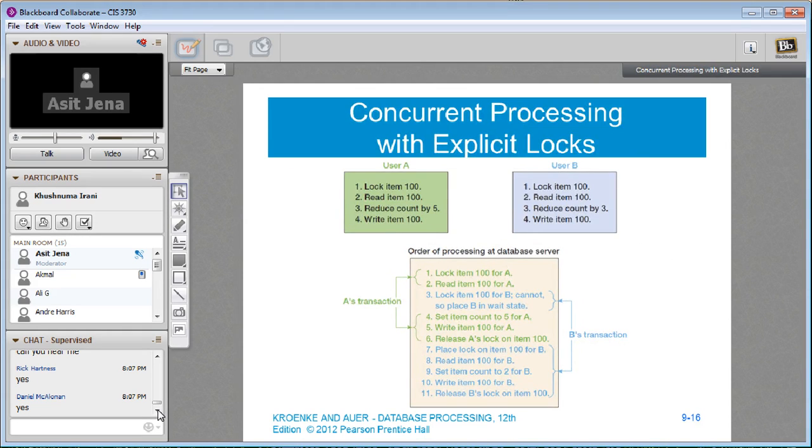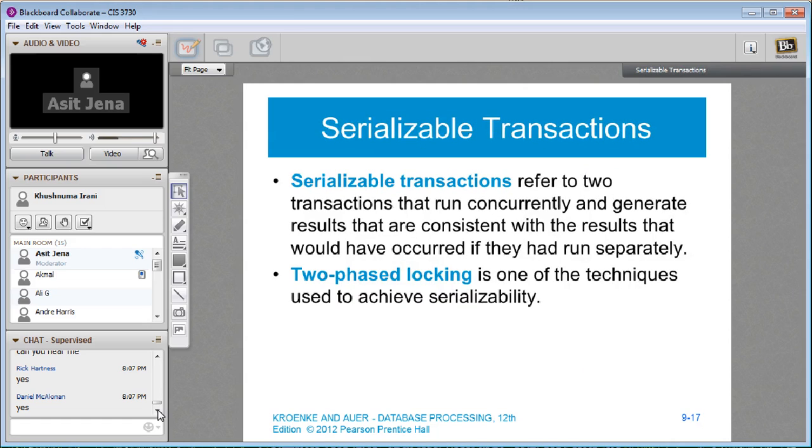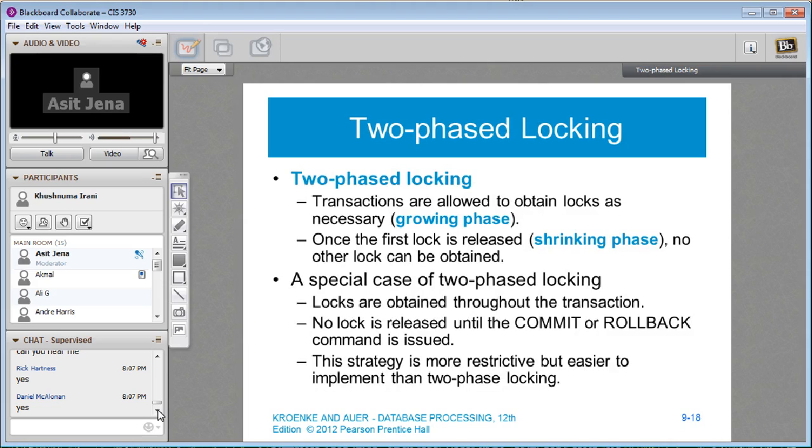One is an exclusive lock, which prohibits other users from reading the locked resource. With a shared lock, you can read it, but you can't update it. Those are the key differentiators. Primarily you want to know how you lock it and whether you want a shared lock or an exclusive lock.